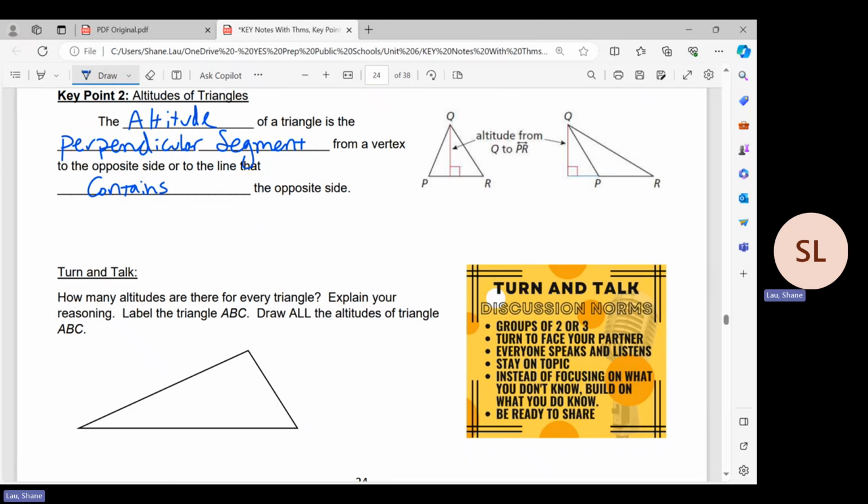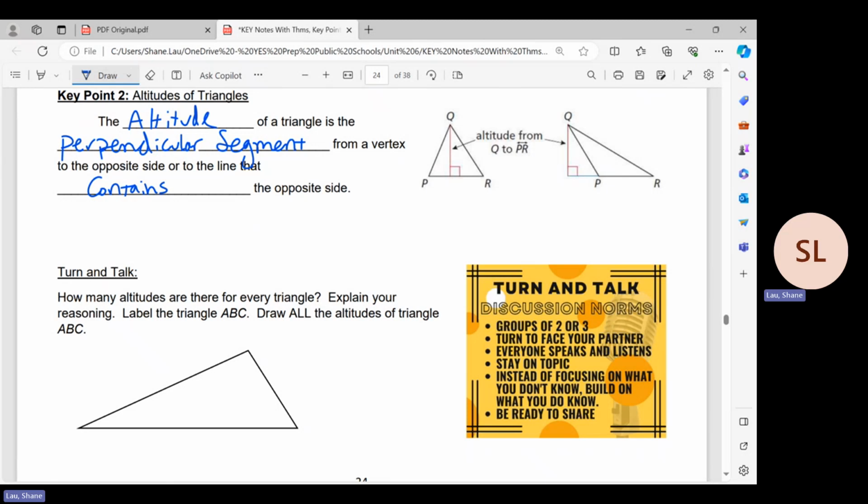And so much like the previous key point we saw, we're going to reduce this down. Actually, no, it is a sentence. It's just one really long sentence. And so we're going to reduce this down, make it into something we can actually understand.